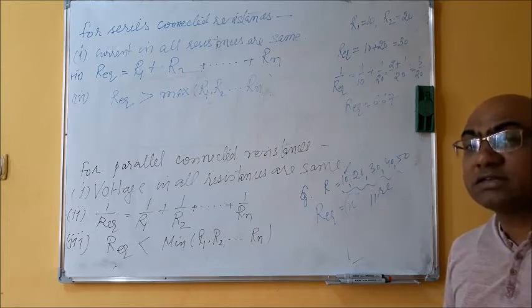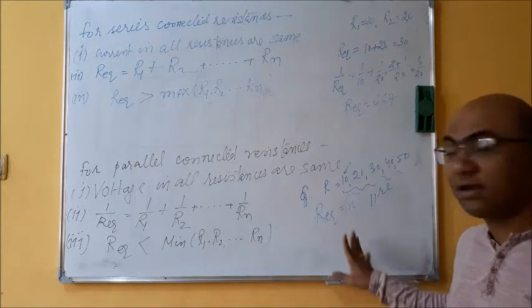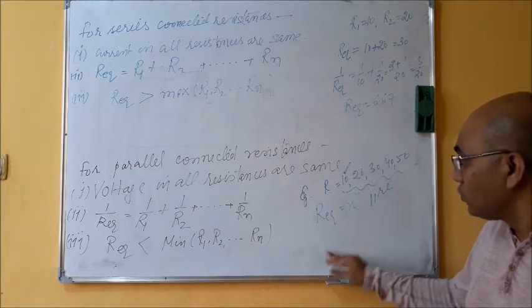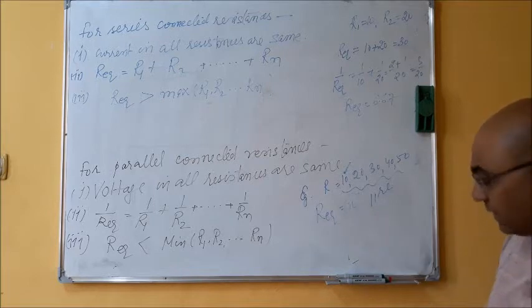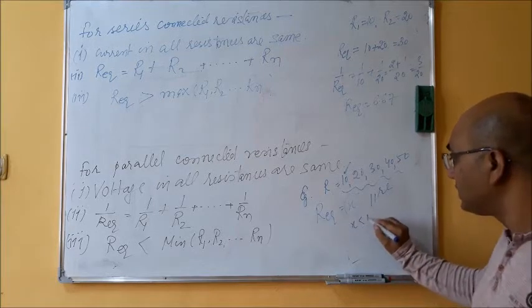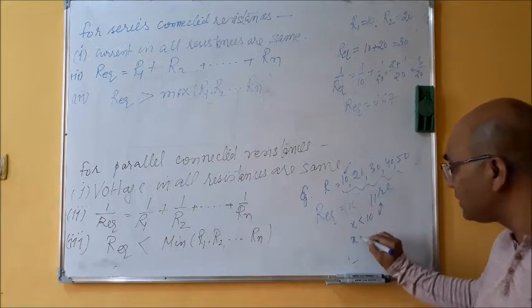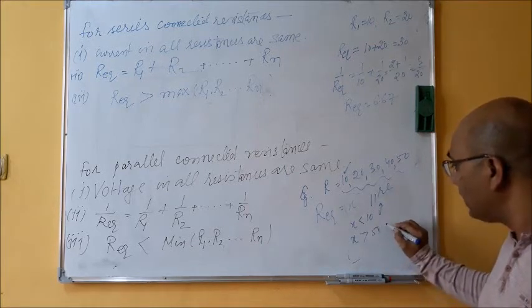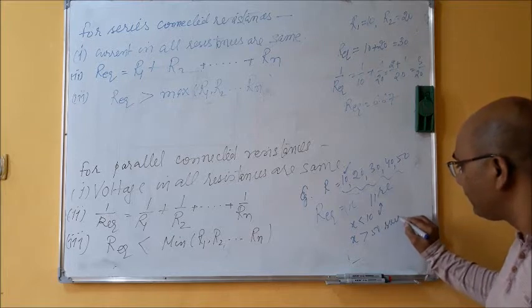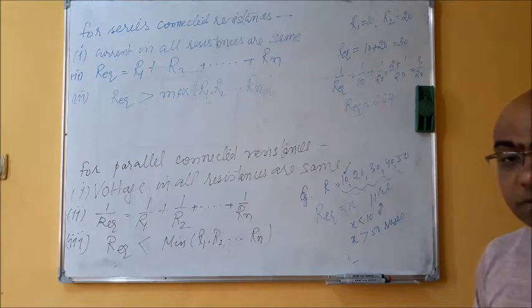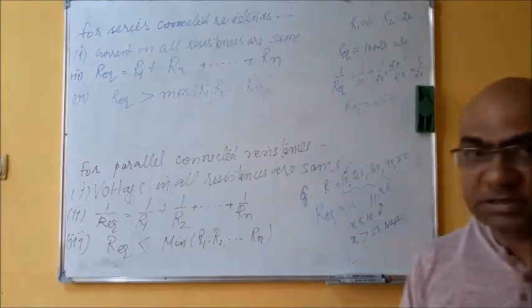So whether the resistances are connected in series or parallel, is it fine? So in this way, since x is less than 10, hence it is connected in parallel. And if x is more than 50, then it is connected in series. Right? So I hope this concept is clear to you.